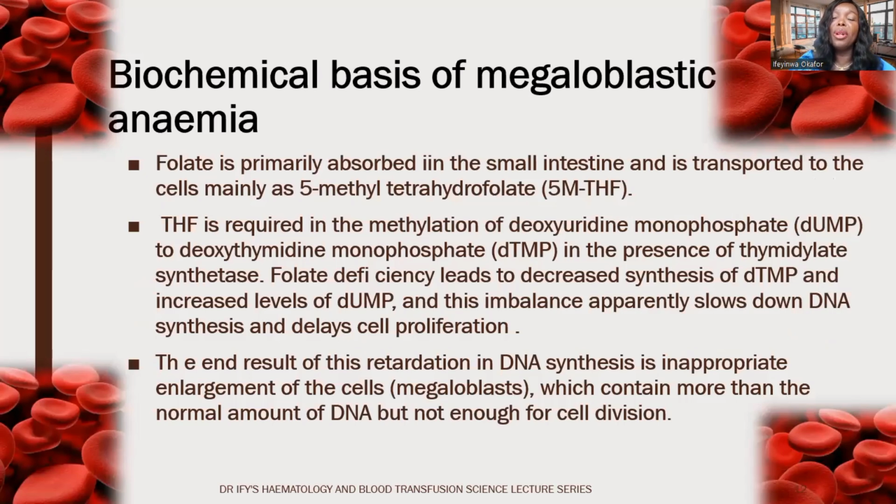Folate is primarily absorbed in the proximal part of the small intestine, and it is transported in cells mainly as 5-methyl tetrahydrofolate, which must be converted to its active form, tetrahydrofolate. Now, tetrahydrofolate is required in the methylation of deoxyuridine monophosphate to deoxythymidine monophosphate.